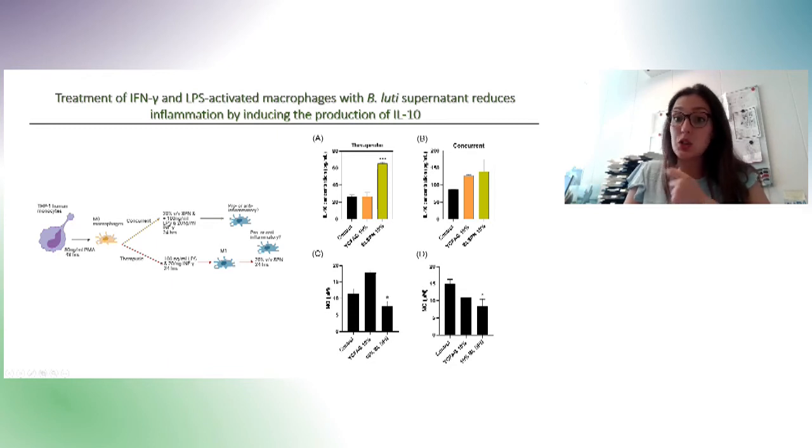We see an increased production of IL-10 in macrophages treated with Blautia, and this is paralleled with a reduced production of nitric oxide. We see the same trend, although not significant, for the concurrent, but we also see a significant reduction in nitric oxide production for the concurrent approach.